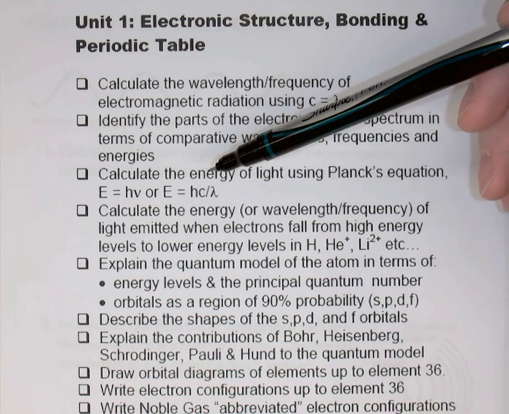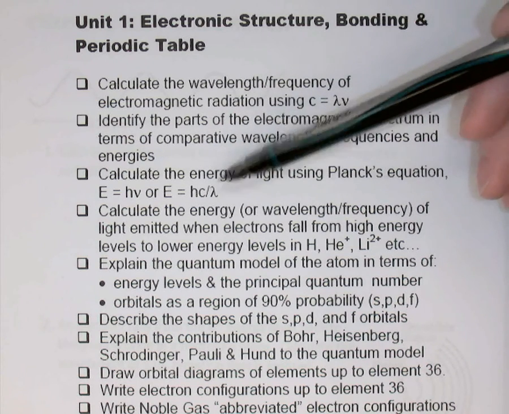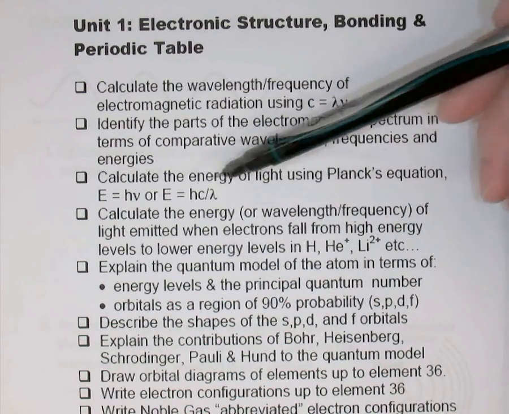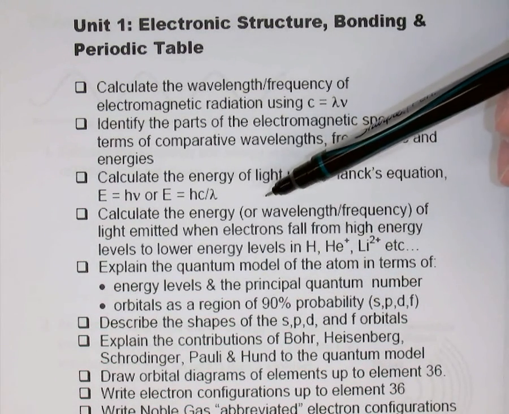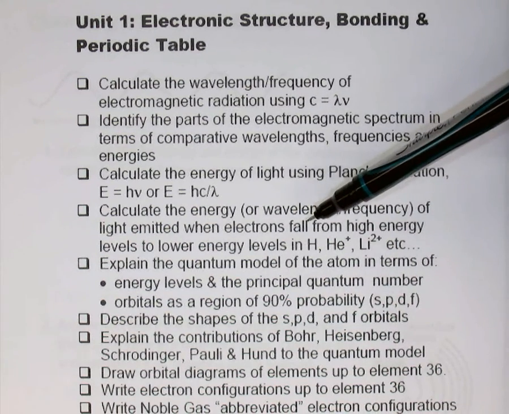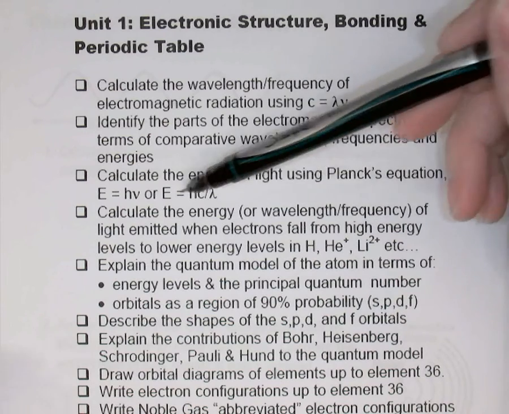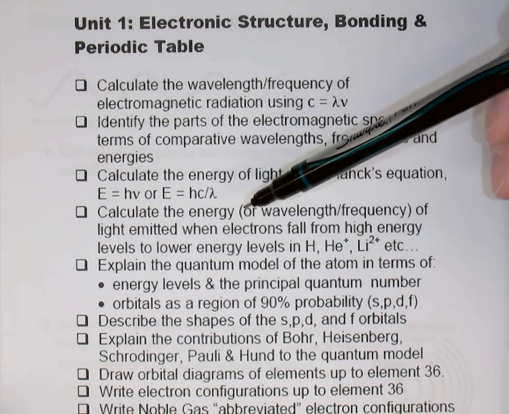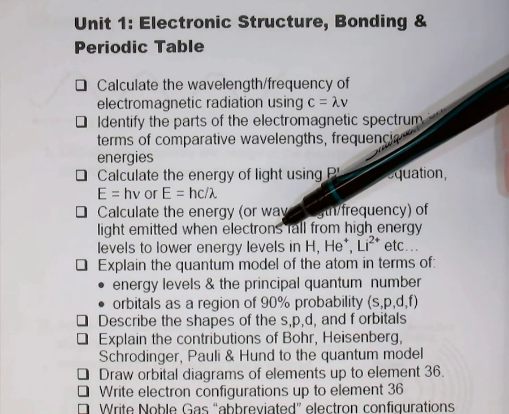That equation could also be written as E equals hc divided by lambda, where lambda again is the wavelength. Right now we're starting to see the bizarre nature of the world around us, because Planck's equation involves wave properties, frequency and wavelength, to explain the energy of particles of light.